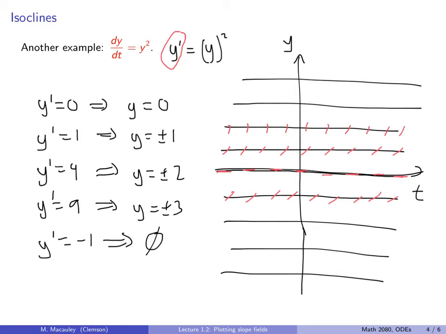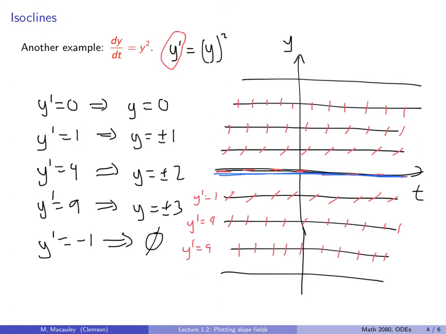And along here the slope is 4. So this is y prime equals 1, y prime equals 4, and then you see the pattern, y prime is going to be 9 along here, so that's going to be practically straight lines. I mean, it's hard to draw a little mark like this with much accuracy that has slope 9, but you get the idea. Now your solution curves, there's going to be one that goes right through.